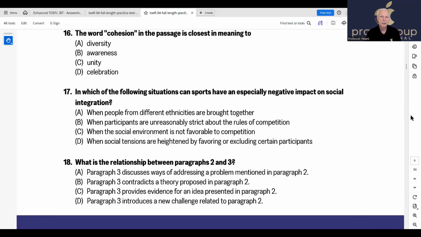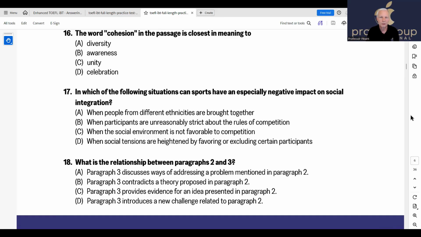Step 1, we must identify the question type. Our question reads, in which of the following situations can sports have an especially negative impact on social integration? This question holds a lot of vocabulary words that may be intimidating, and that's another part of trying to make a question seem more difficult than it is.